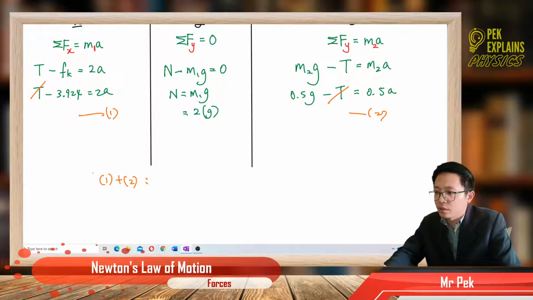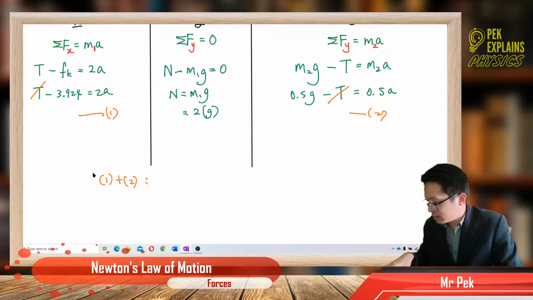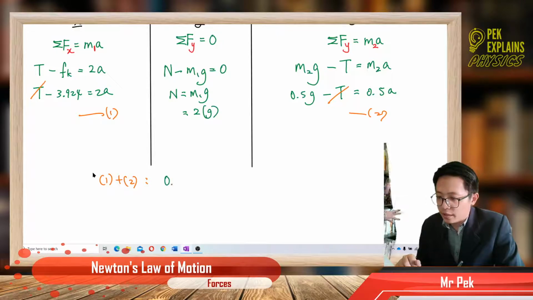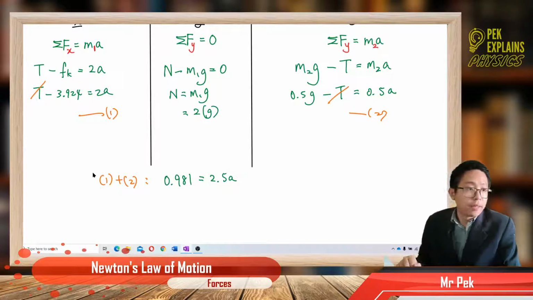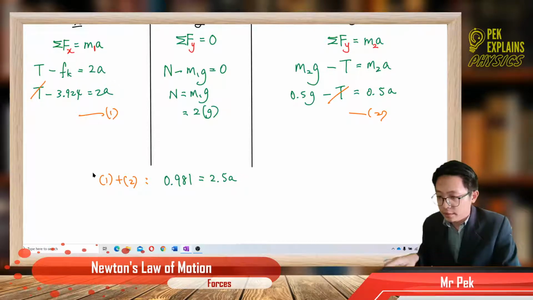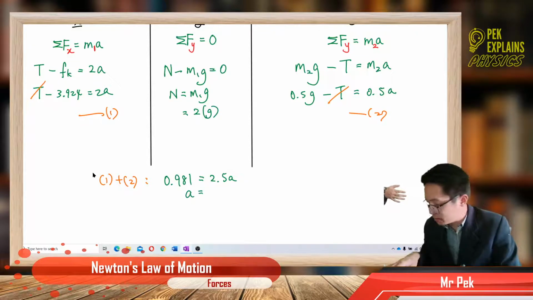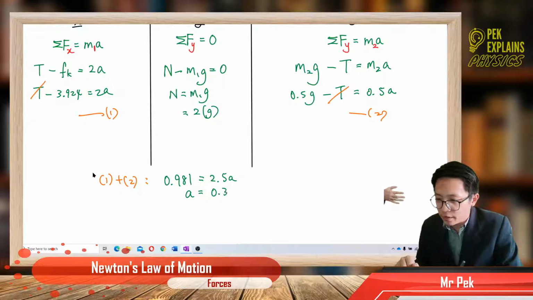So we solve it. We get 0.981 equals 2.5a. And then we find the acceleration equal to 0.9392 meters per second squared.